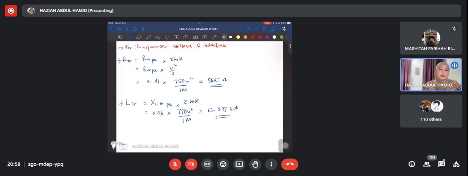Sebab tu saya refer semua guna V 750 yang dekat transformer tu. Okay, sebab this is transformer punya komponen, biasanya kita guna base yang sama lah, the same base is using throughout the calculation. Right. Okay, so settle lah, this one kena convert.